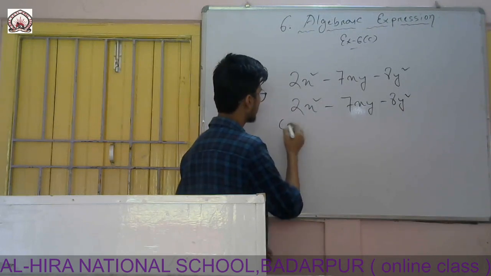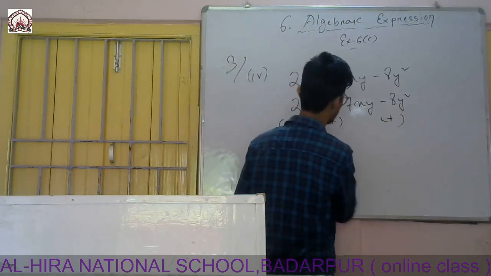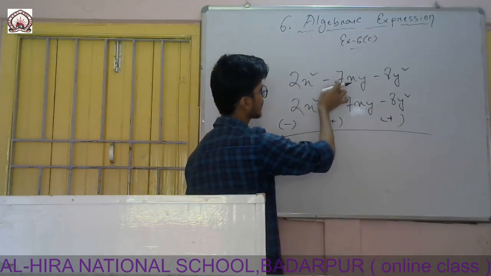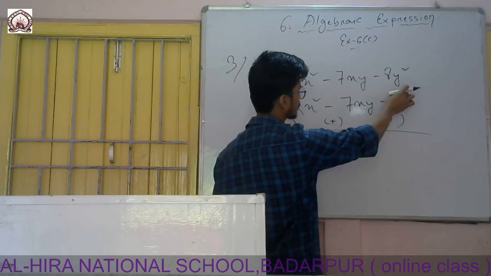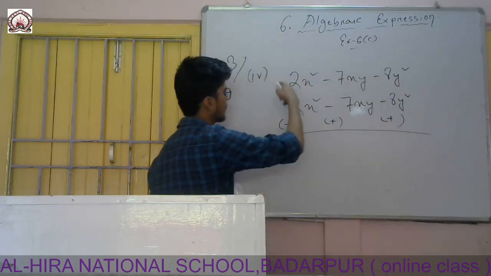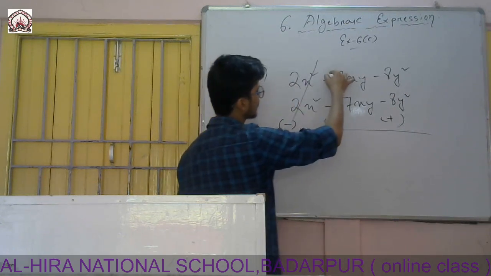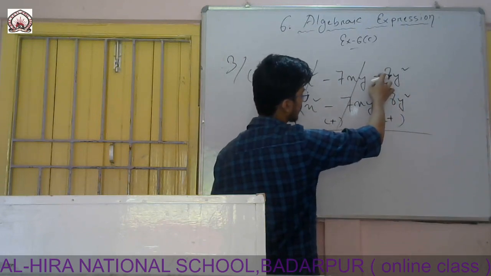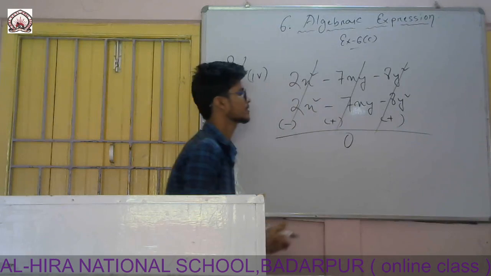So if I change the sign, it will be minus, it will be plus, it will be plus. See, both the terms are the same. They are 2x square, they are also 2x square, 7xy, they are also 7xy, 8y square, they are also 8y square. Plus minus it is minus, so if I subtract this one, the answer will be 0 again. Minus plus it is minus, so again it will cancel. Now minus plus it is minus, so all the terms are cancelled, so the answer will be 0.